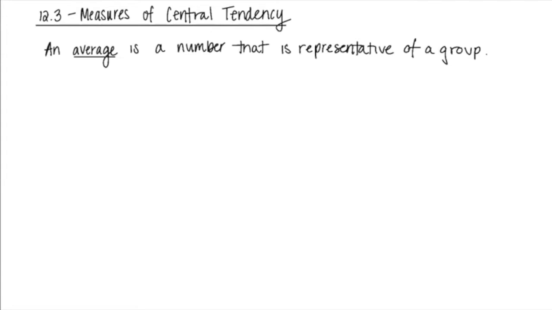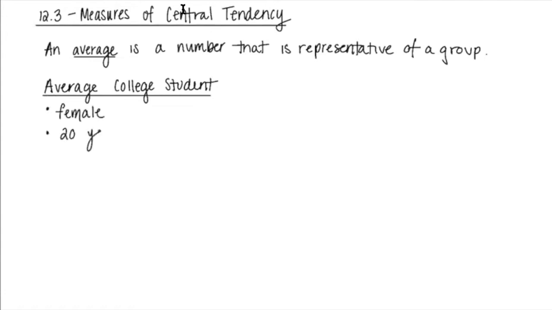So think of if I talk about the average college student, according to a couple different sources online. The typical college student is going to be female. They will be 20 years old. They will live on campus. They work during the school year.